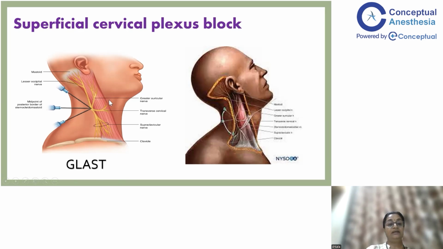Then you have your lesser occipital, the posterior part of your scalp towards behind your pinna. Greater auricular is the ear lobule and anterior to the pinna. Then you have the transverse cervical, which will supply the anterior part of the neck, mainly for your thyroid.